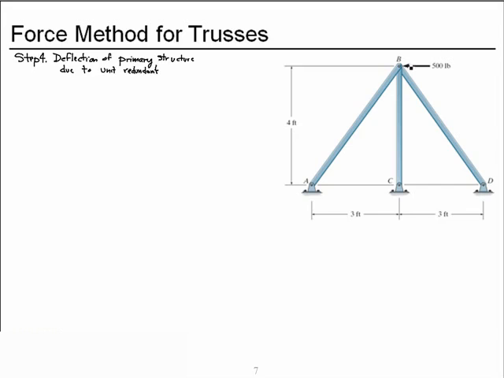So we're not dealing with the 500 pounds lateral load, we're only dealing with, at the cut, a unit redundant, which looks exactly like the virtual system.